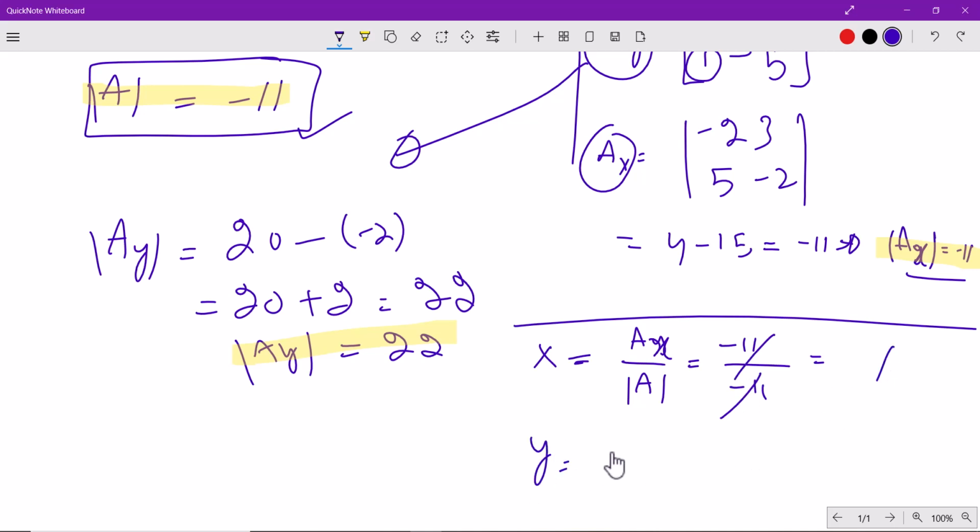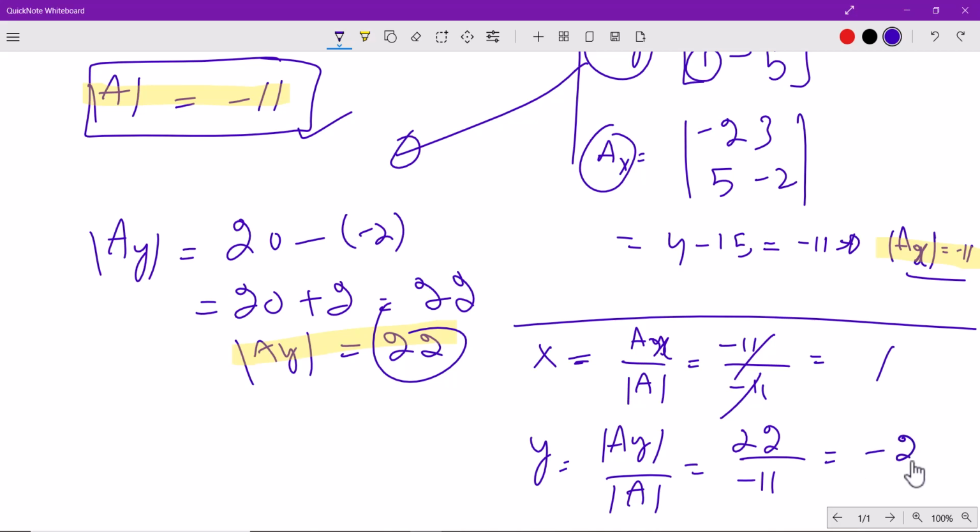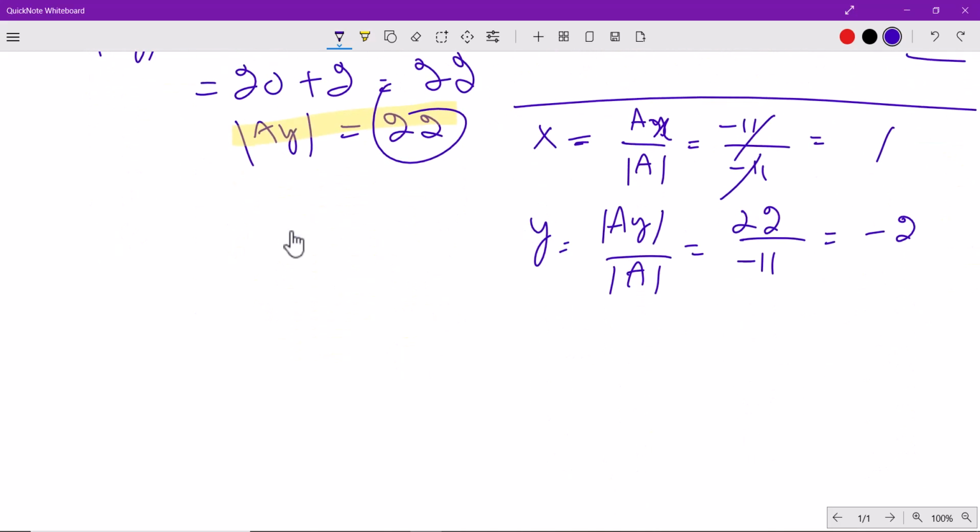And y is equal to Ay determinant divided by determinant of A, which is equal to 22 divided by minus 11, which is equal to minus 2. So x is equal to 1 and y is equal to minus 2.